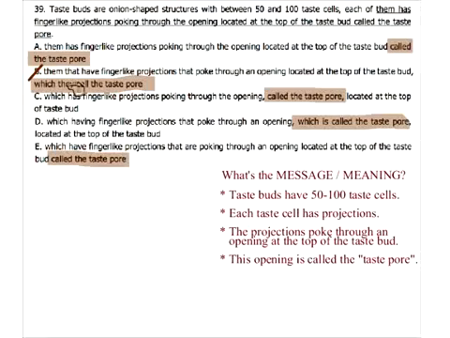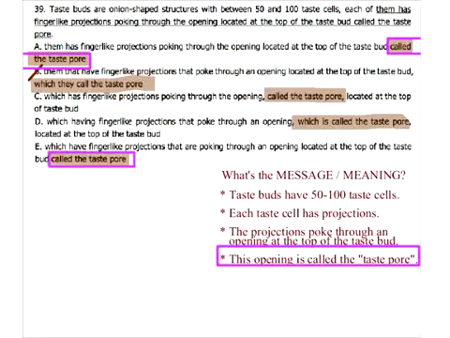Let's look at the modifier in C and D versus A and E. Remember that the taste pore is the name of the opening. Here that's not as clear. Same thing with this. This is not as good.